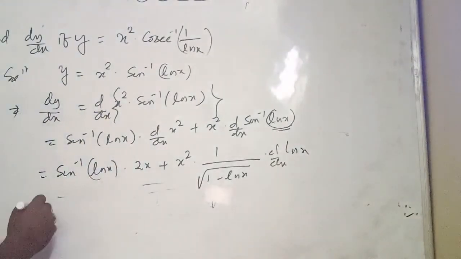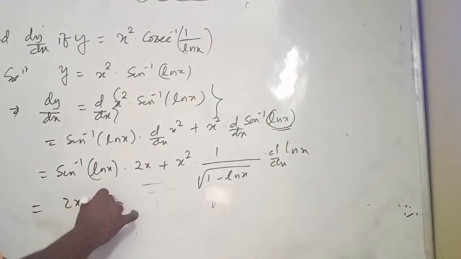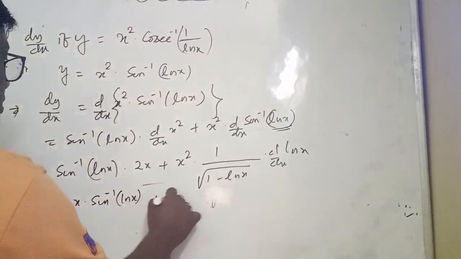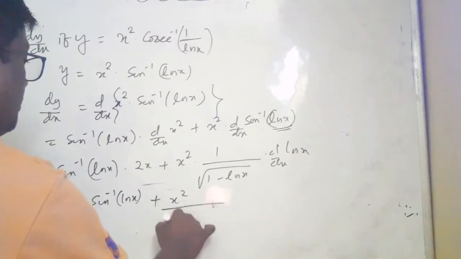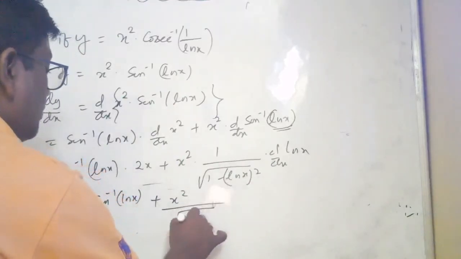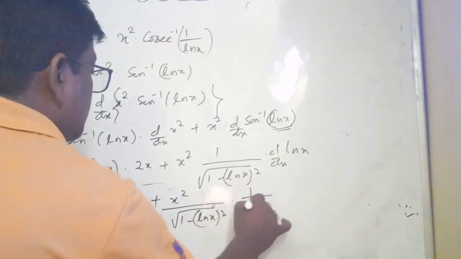Okay, this is equal to, we can write 2x into sin inverse ln x plus x square by root over 1 minus ln x whole square, into the derivative of log x, which is 1 by x.